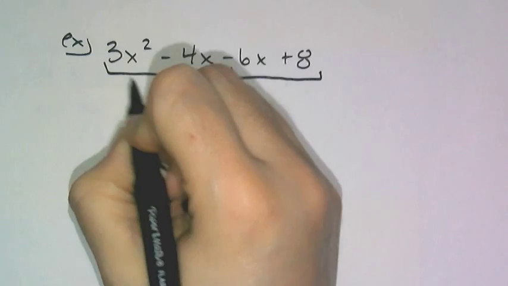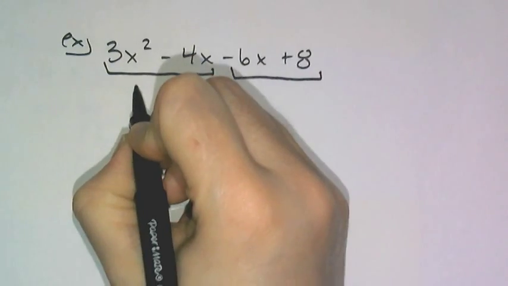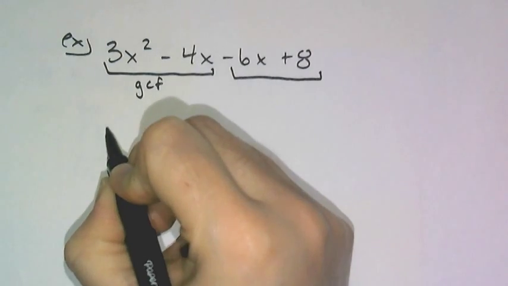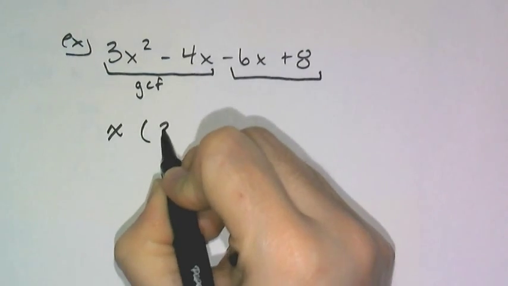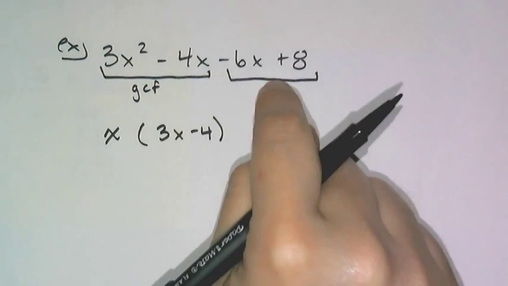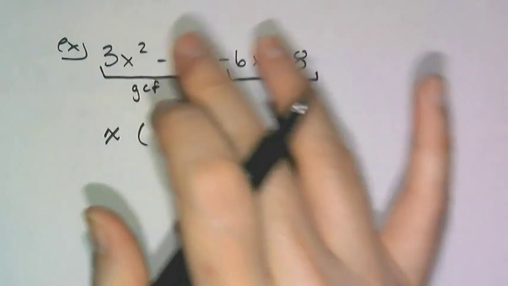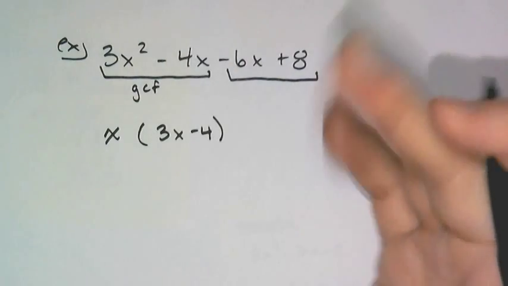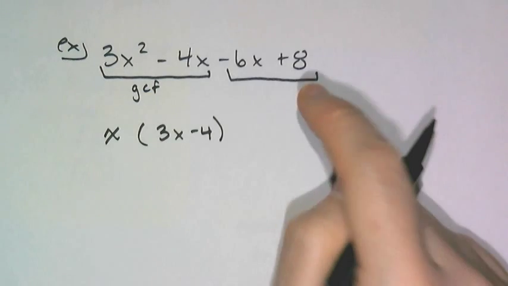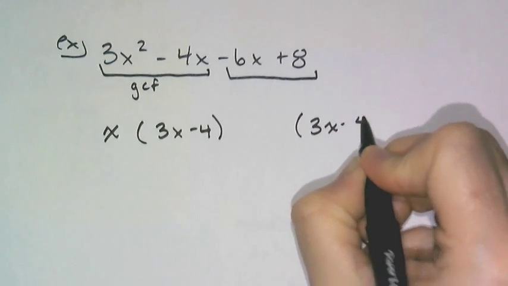So if I look at my first group, 3x squared minus 4x, my GCF of this group is an x, and I'm left with 3x minus 4. Now, if this original polynomial was factorable, and I have the right groups to actually factor it, then what I have to be left with in the second group in parentheses better be a 3x minus 4.